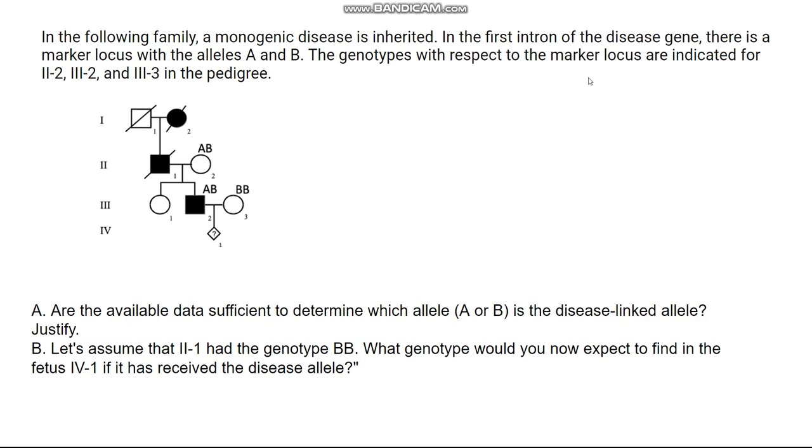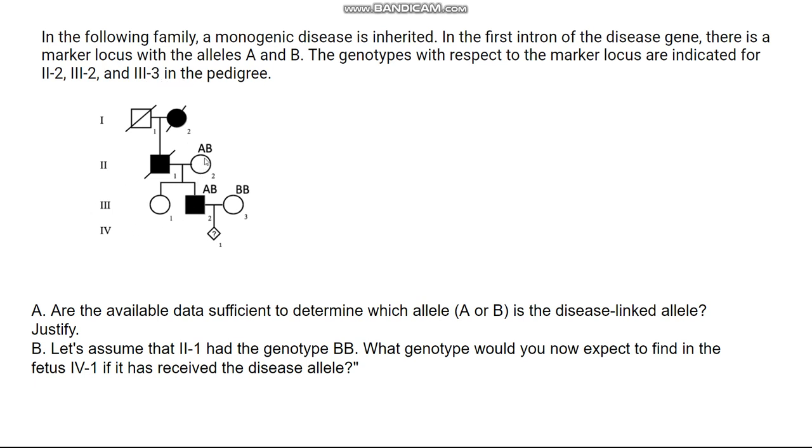Now let's try and do this task here. In the following family, a monogenic disease is inherited. In the first intron of the disease gene, there is a marker locus with the alleles A and B. The genotypes with respect to the marker locus are indicated for generation 2-2 and generation 3-2 and 3-3 in the pedigree.